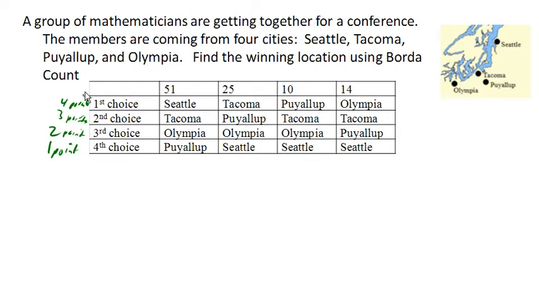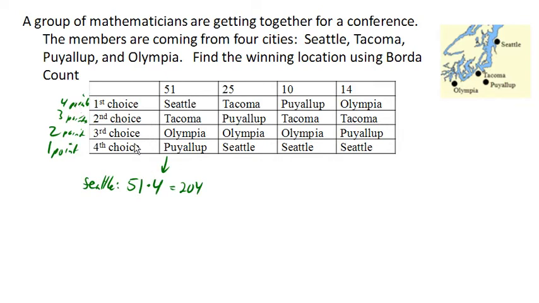So for example, in these 51 votes, there are 51 of these votes that are going to get 4 points each. And so that's going to be 204 points for Seattle as an option. So Seattle's going to get 51 votes, each earning them 4 points.